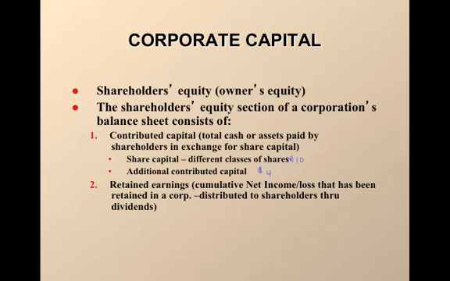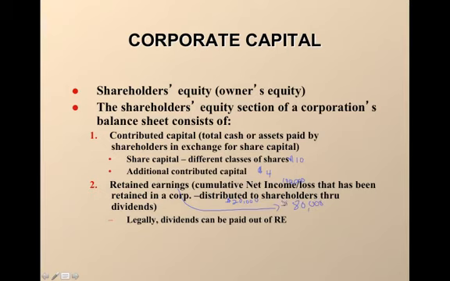However, if they have given some of it back to the shareholders through dividends, let's say in that particular case, there was $100,000 of net income over time, and they've distributed $20,000 to shareholders as dividends, then the retained earnings in this particular company would be $80,000.